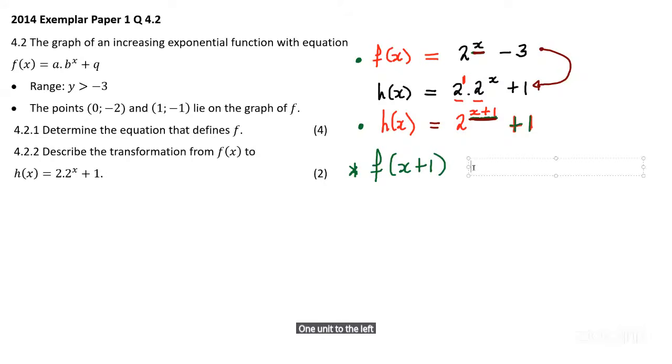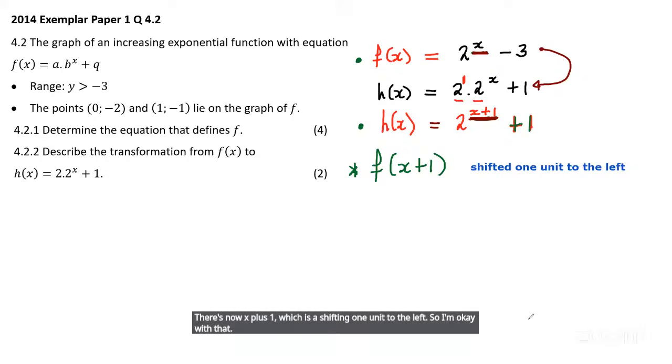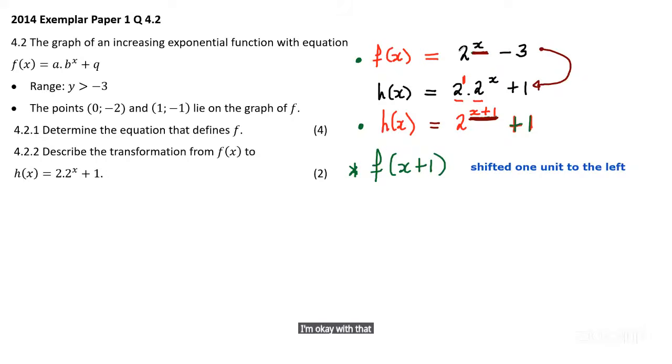So we shifted 1 unit to the left. This is why we can conclude properly that where there was x, there's now x plus 1, which is a shift of 1 unit to the left. So I'm okay with that.